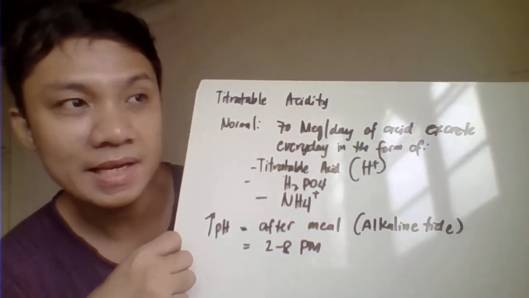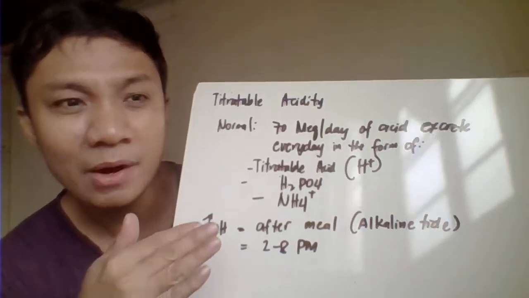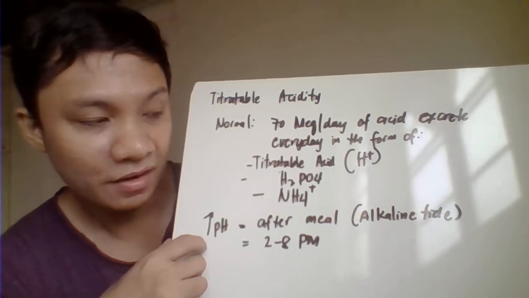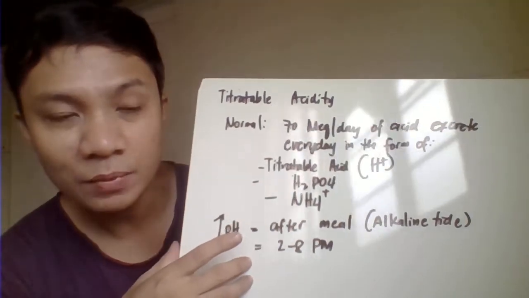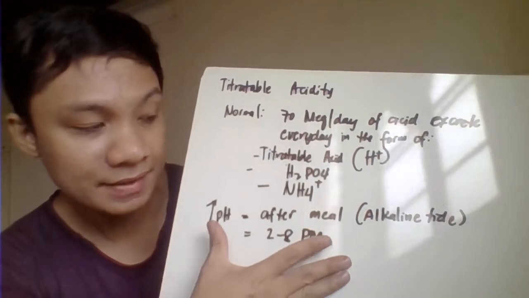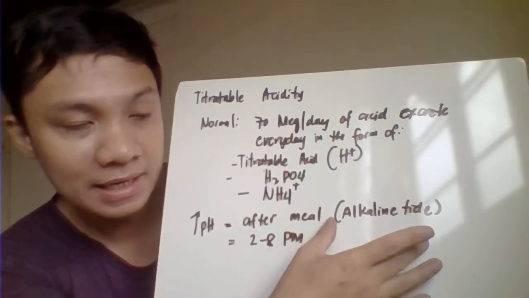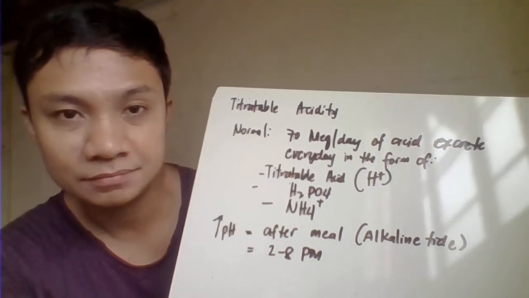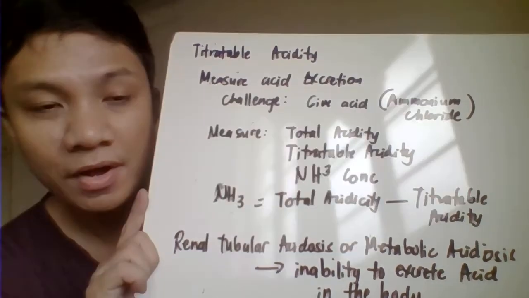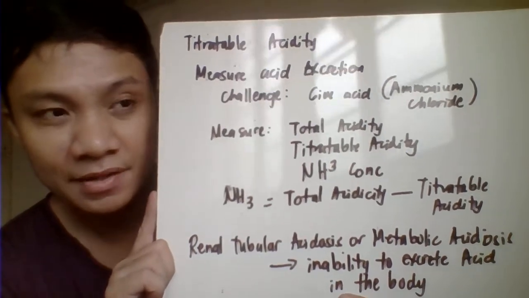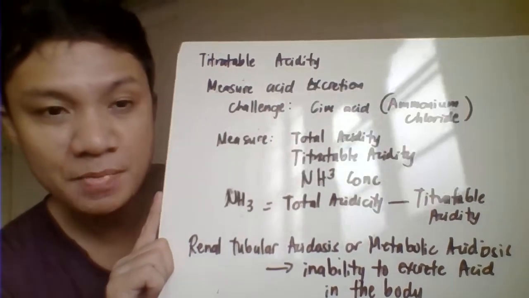That's what we have discussed kanina with our discussion with your tubular secretions. Okay, so basically, we tend to have your high pH or alkaline pH here during this time. After meal, these are alkaline tide, and usually between 2 to 8 p.m. Okay, so again, every day we are supposed to excrete an acid at a concentration of 70 mEq per day.